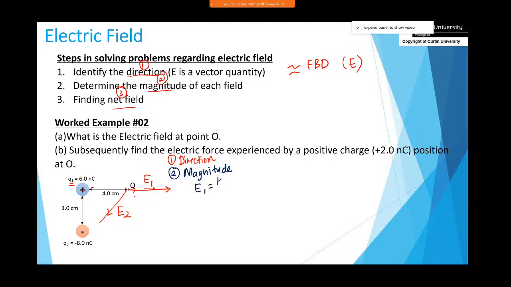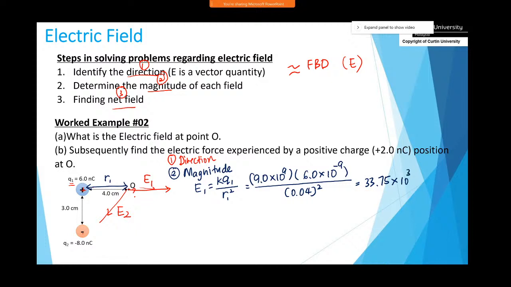So E1 is equal to kQ1 over R1 squared. The distance in between your charge and the point that you would like to study is your R1. So 9 times 10 to the power of 9 Coulomb constant, Q1 is 6 times 10 to the power of negative 9, distance converted to SI unit. E1 is 33.75 times 10 to the power of 3.